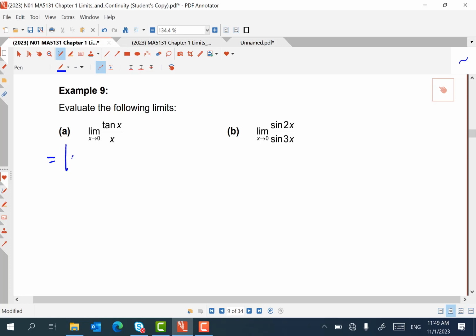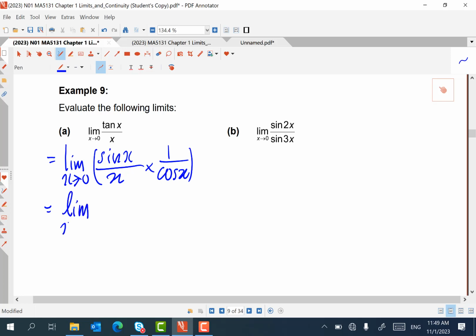Okay, this gives you limit, and this gives you limit as x goes to 0. Are we supposed to show that sin x over x times 1 over cosine x equals tan x over x?